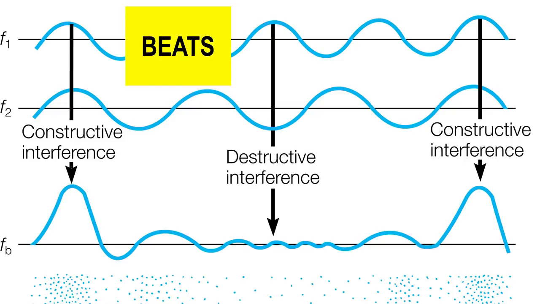But then if your friend is in a rowboat here, he doesn't get anything, because the trough of the second wave corresponds to the peak of the first wave. So you're getting pretty close to flat water. But then when you're back out here at the other side, you're back to constructive interference.